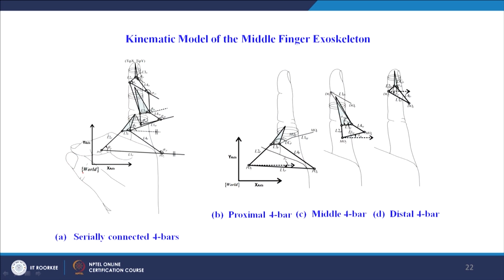Now similarly for the middle finger, the optimal middle finger exoskeleton is obtained by these 3 4 bar mechanisms. Similarly as in the case of the index finger, we have the optimal 4 bar mechanism designed first for the proximal phalanx, then for the middle phalanx and then for the distal phalanx, and they are connected serially. The middle finger exoskeleton is shown here on the left side.